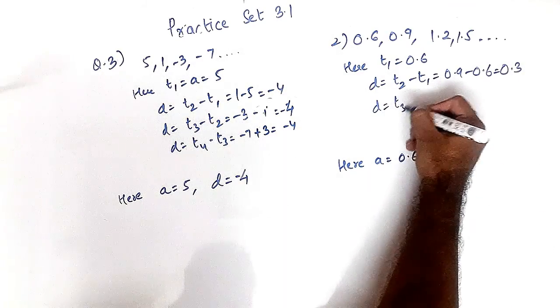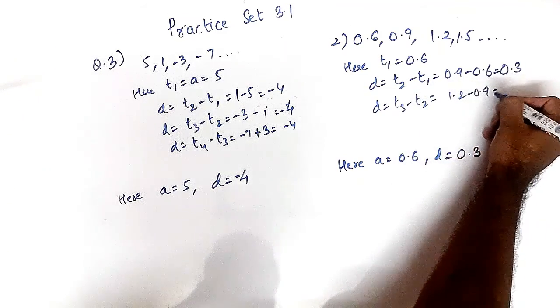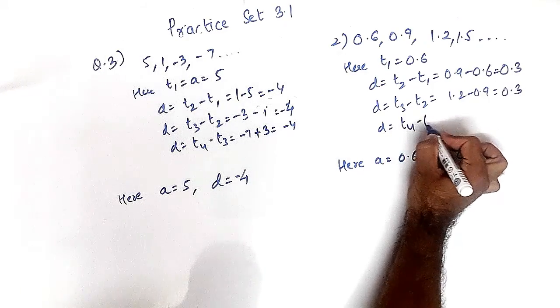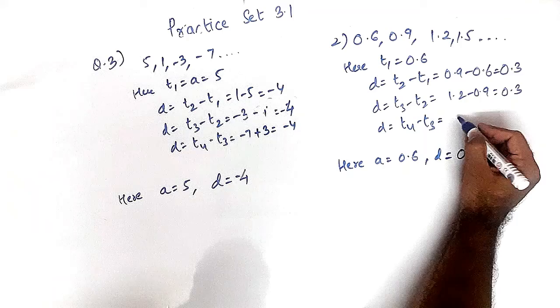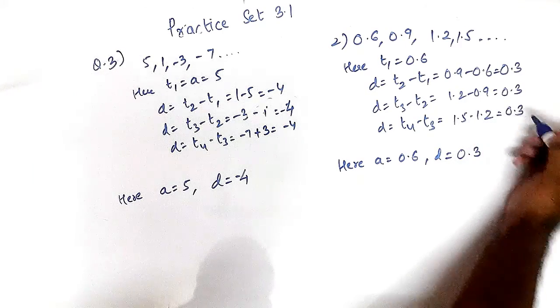Again D equals T3 minus T2 is equal to 1.2 minus 0.9. Of course you will get the same. And here T4 minus T3 is equal to 1.5 minus 1.2 is equal to 0.3.